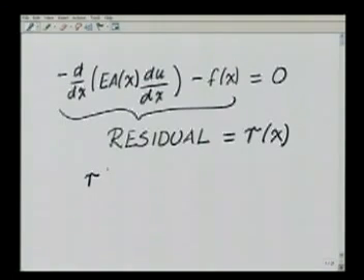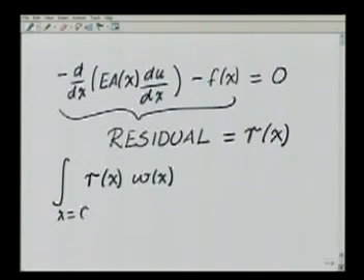So I take R(x), multiply it with a function W(x), and then integrate it over the interval. Obviously this integral is going to be equal to the integral of the right hand side, which is 0.